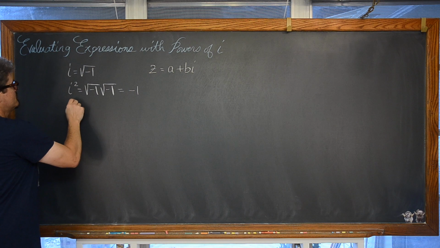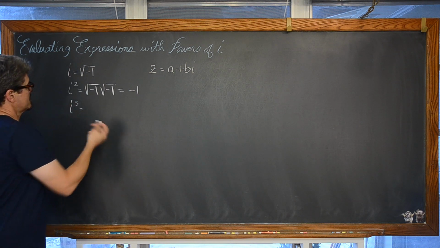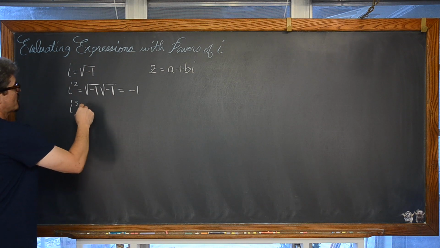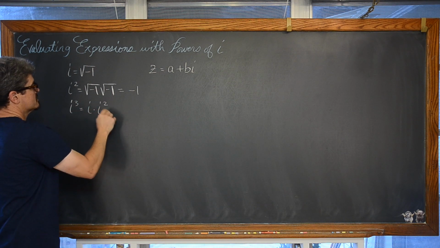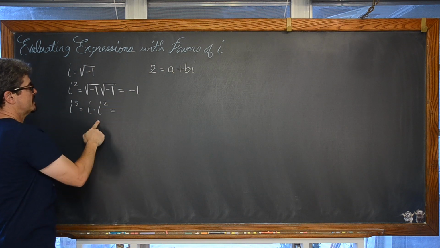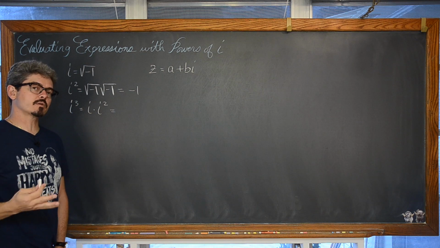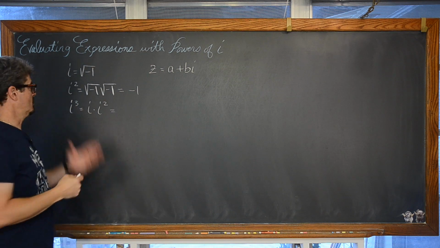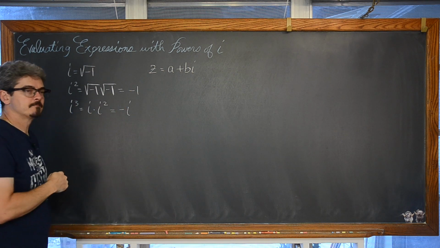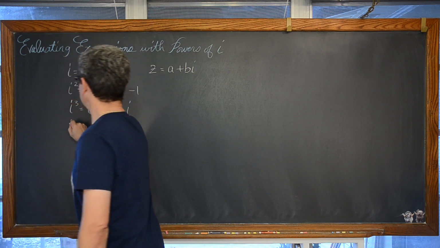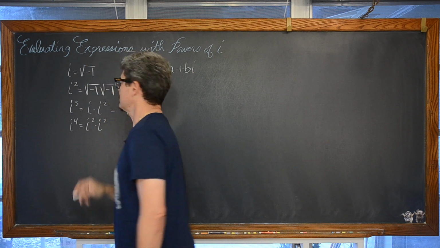We have i to the third, which now that I know what i to the first and i squared are, I can say that i to the third, using my properties of exponents, is equal to i times i squared. Well, i squared is -1, so i to the third power is negative i. Now if we look at i to the fourth, I can write that as i squared times i squared, right?